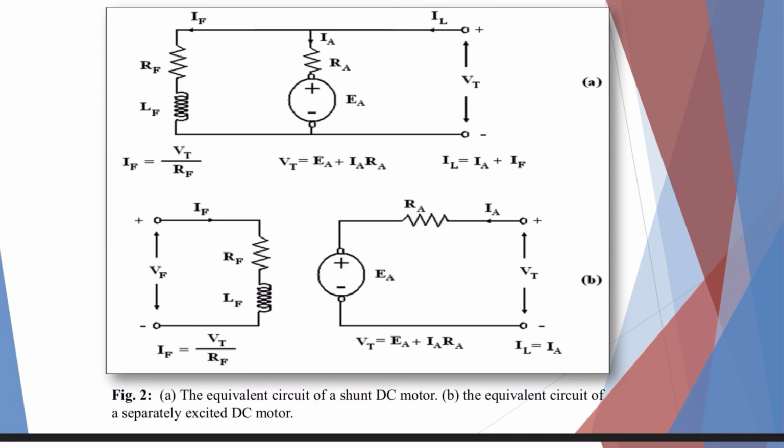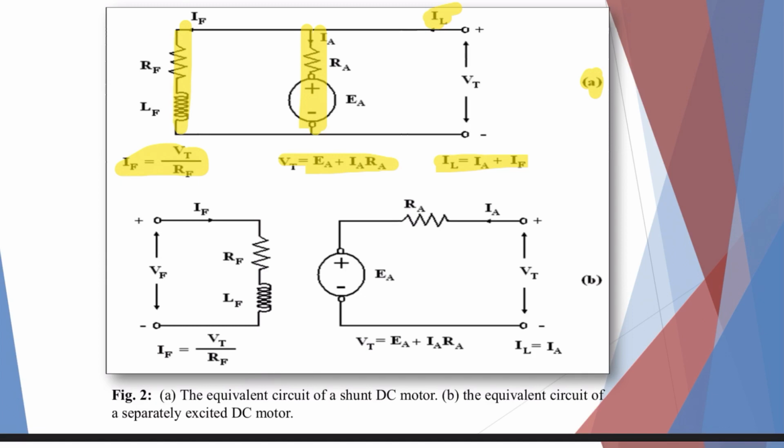The first one, A, is for the shunt motor. As you can see, the field is across the armature with RA, in parallel. We have IF equals VT over RF, and VT equals EA plus IA RA. About the current, as you can see, IL equals IA plus IF, because the current IL goes to the armature and the field.